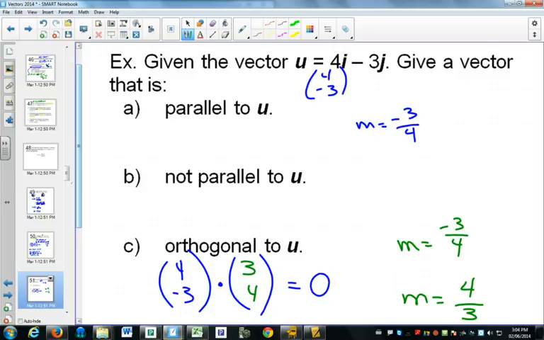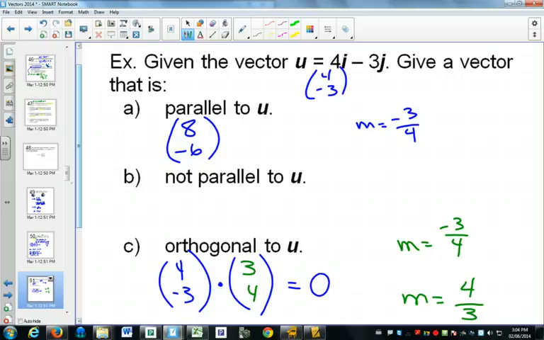So if you pick anything for your parallel vector, any multiple, let's say I double it, can you see that that could reduce to the same one? It's just twice as long. But twice as long would still be parallel. Or you could triple it, or quadruple it.